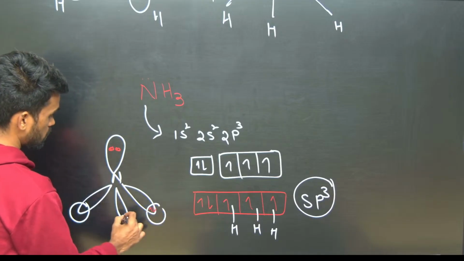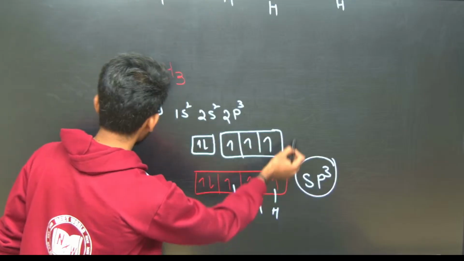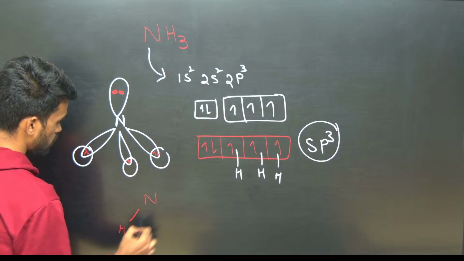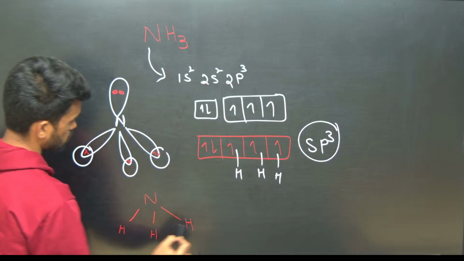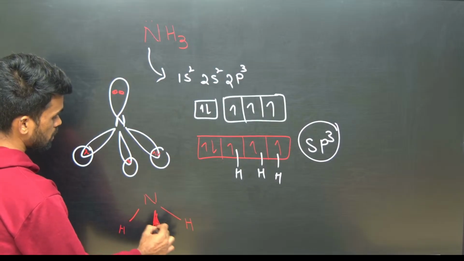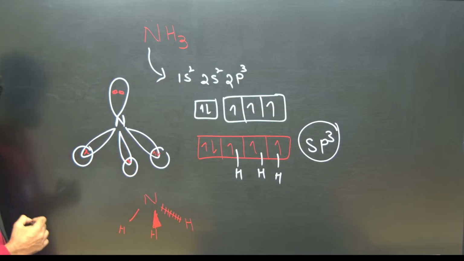These are the bond pairs here. So here nitrogen, hydrogen, hydrogen and hydrogen, or you can represent this as above the plane solid and this is a dash line, and the lone pair over here.